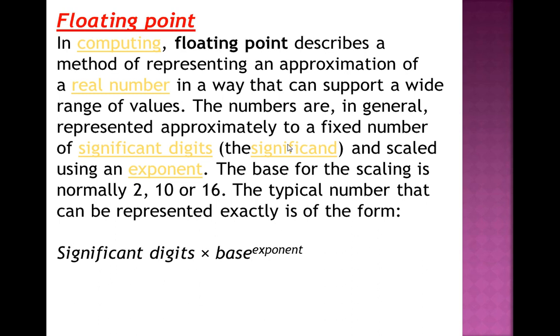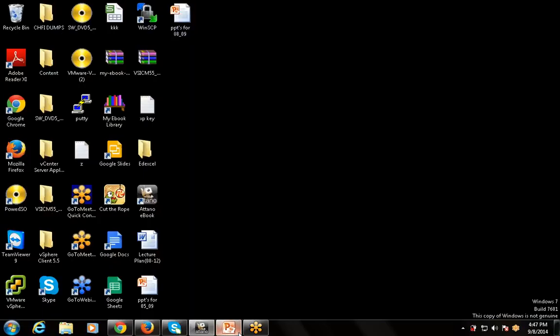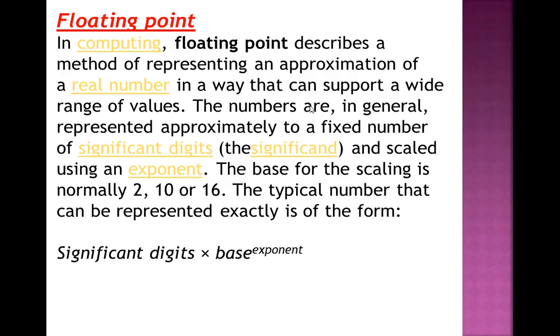So we consider floating point as a method of representing an approximation, a rounded figure of a real number, so that they can communicate in an effective manner and support a range of values.